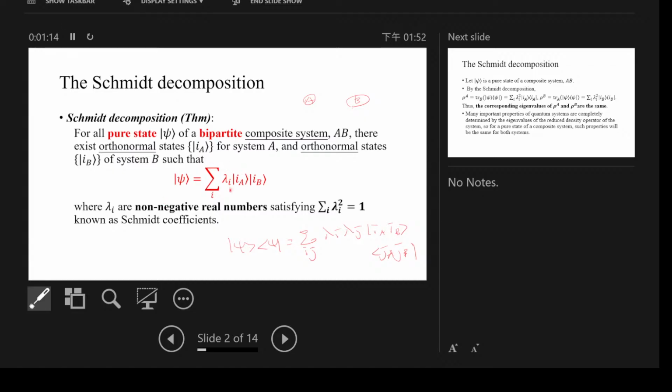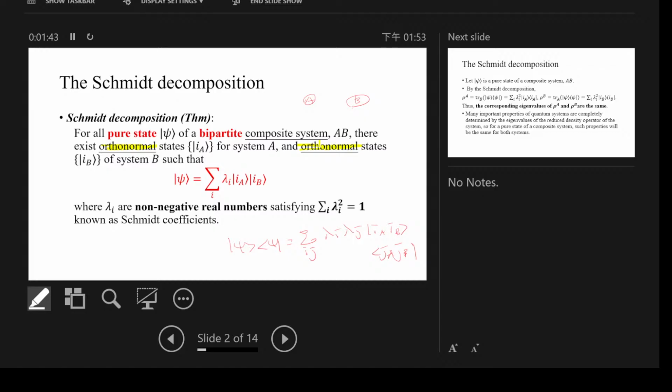It's just a summation over i, with some non-negative real number lambda i, and some |i^A> on system A tensor some |i^B> on system B. The important part is that the set of states |i^A> is an orthonormal basis, and the set of |i^B> is also an orthonormal basis.